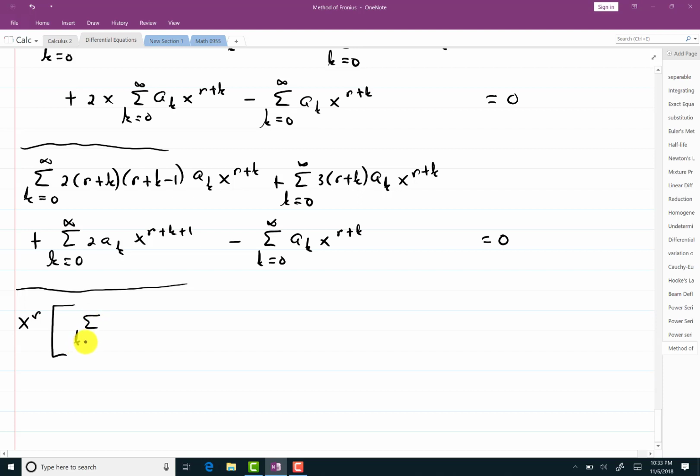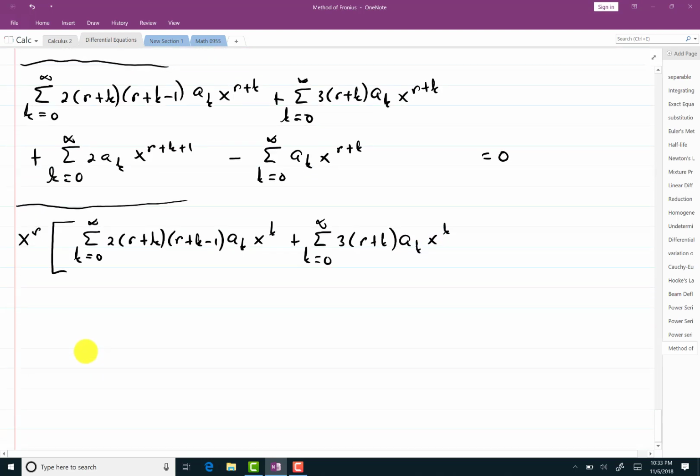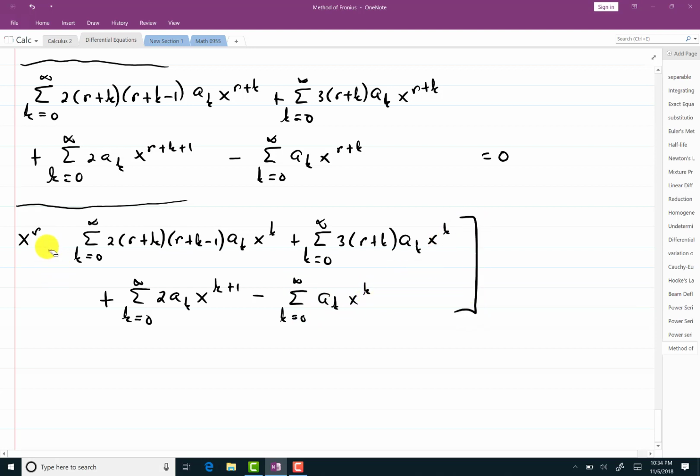And so I'll get k equals 0 to infinity, 2 times r plus k minus 1, a sub k x to the k, plus the summation k equals 0 to infinity, 3 times r plus k, a sub k x to the k, plus summation k equals 0 to infinity, 2a sub k x to the k plus 1, minus the summation k equals 0 to infinity a sub k x to the k. Probably I should block all this in there.